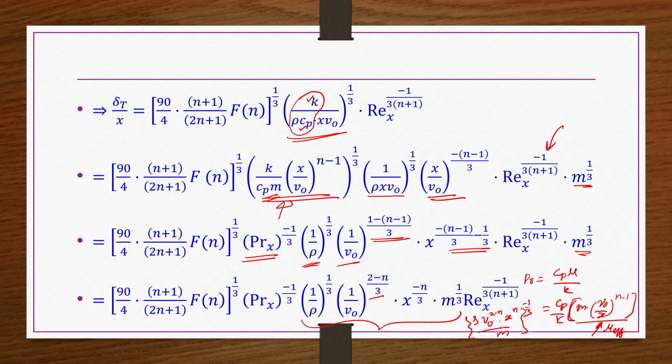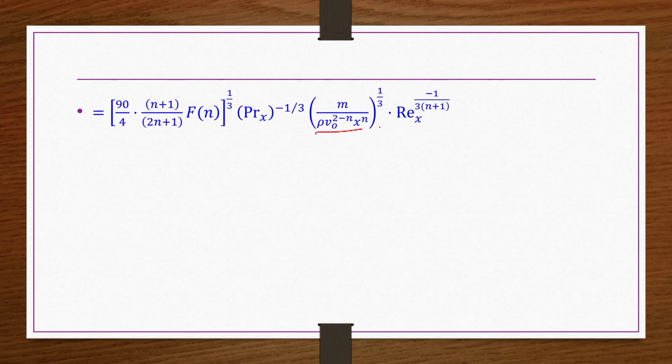So, when I am writing these terms combining together like this, rho v naught power 2 minus n x power n by m whole power minus 1 by 3. So, now again this is nothing but Re_x. So, Re_x power minus 1 by 3 you are having, right. So, that we are substituting here.